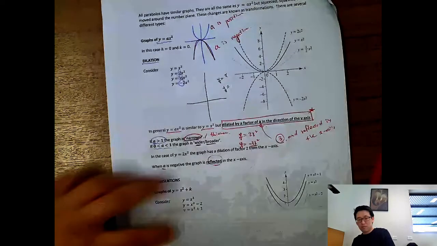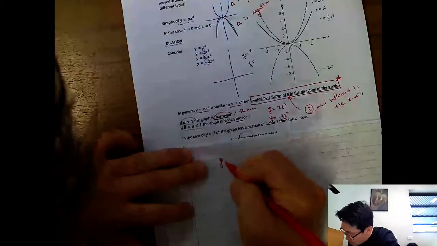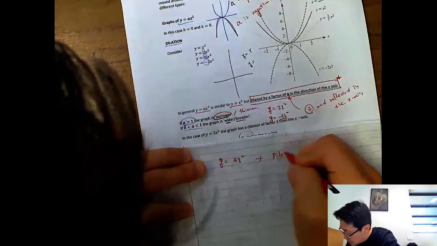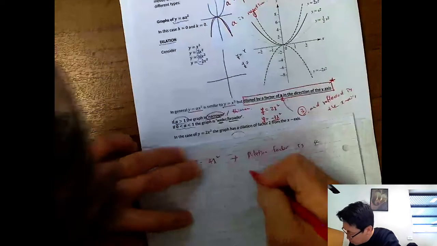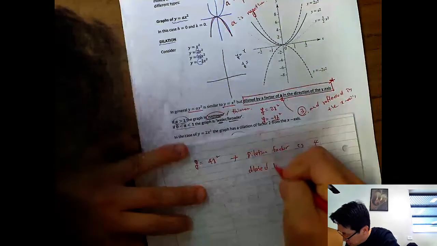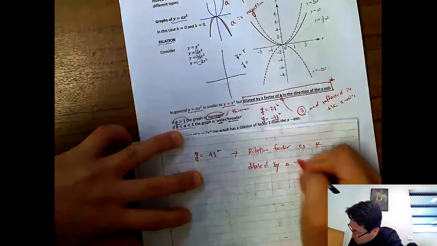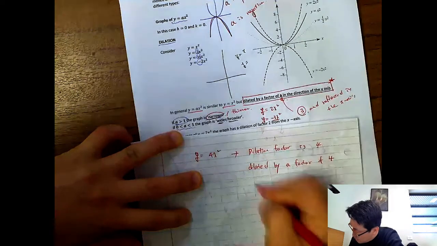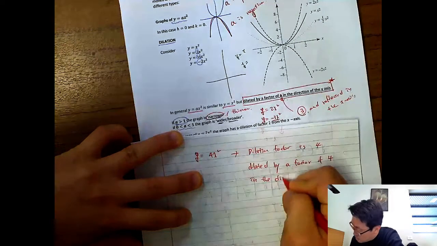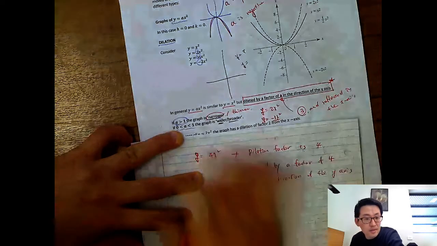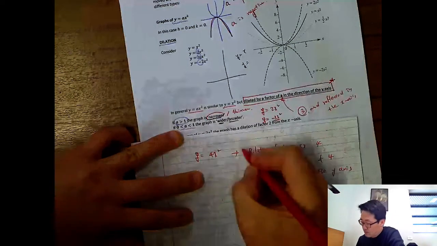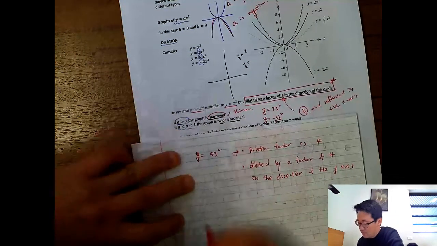So let's go back and think about how to write this. Y equals 4x squared, and then I can write down dilation factor is 4. Or I can write down dilated by a factor of 4 in the direction of the y-axis. So you can express it two different ways. Good.